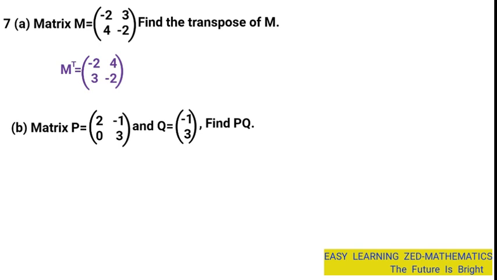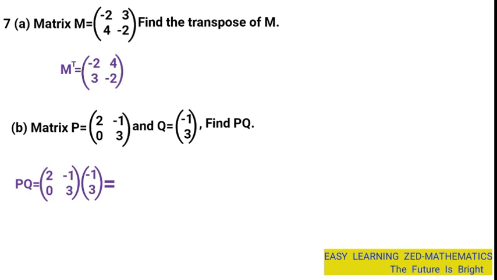So I'm going to write PQ here, which is equal to the product of these matrices. I'm going to write matrix P first, then multiplied by matrix Q. These are the 2 matrices we are multiplying.